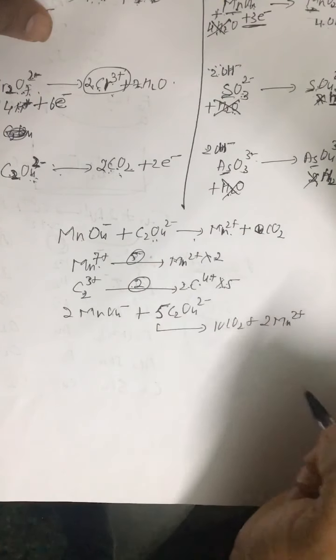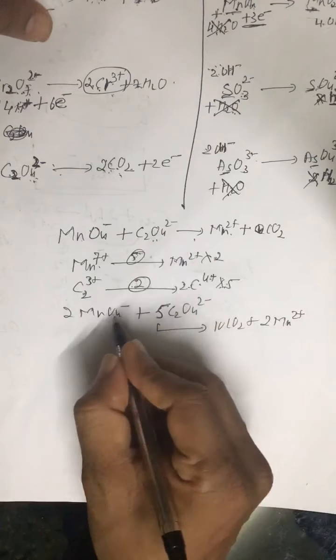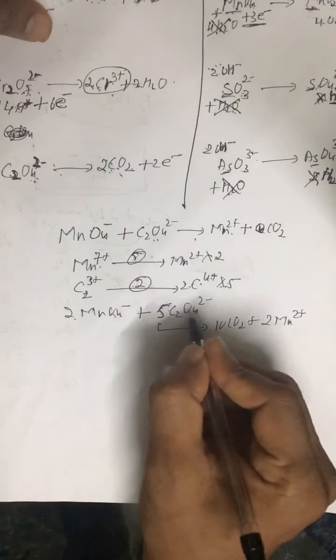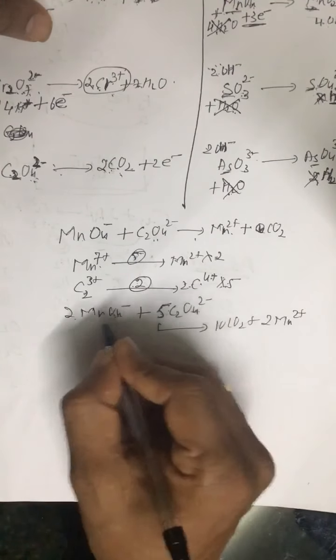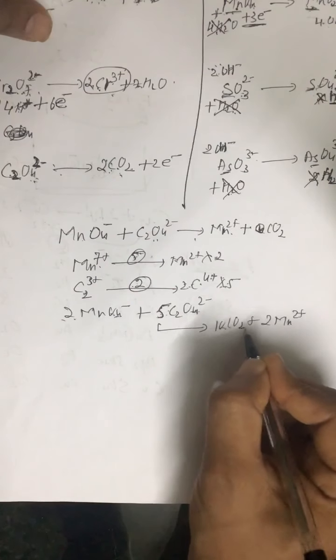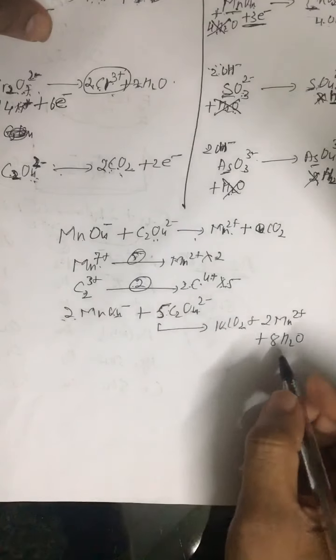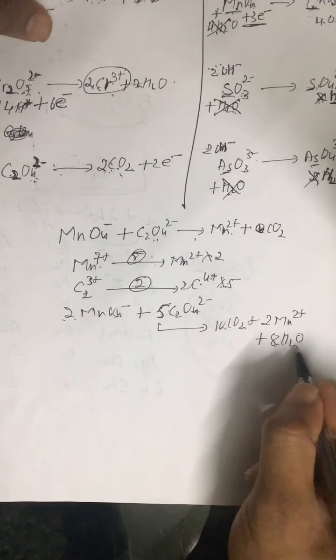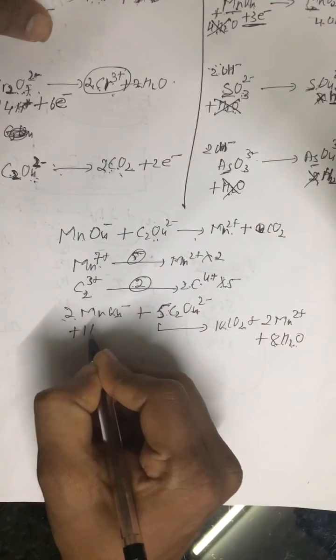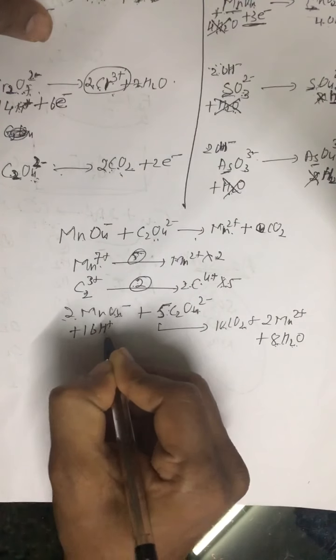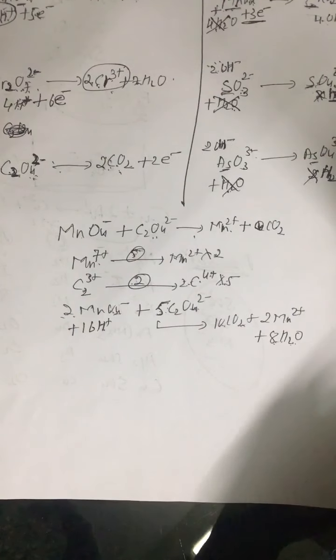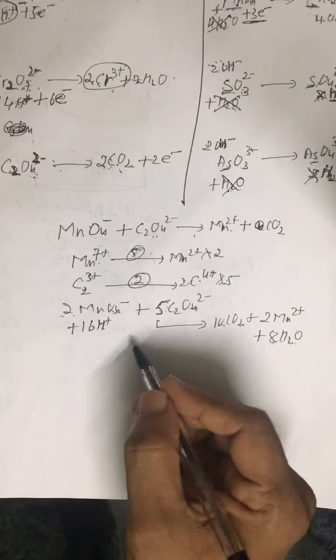And now oxygen balancing, so we have 4 into 2 is 8, and this is 4 into 5 is 20, 28, and here 20 are completed, so 8 of H2O in the next step. And then hydrogen balancing, so 16 of H positive on the left, and 16 of H positive, so it is balanced.